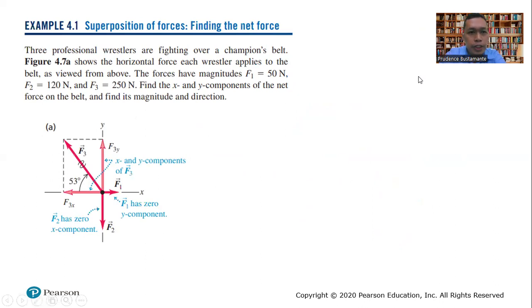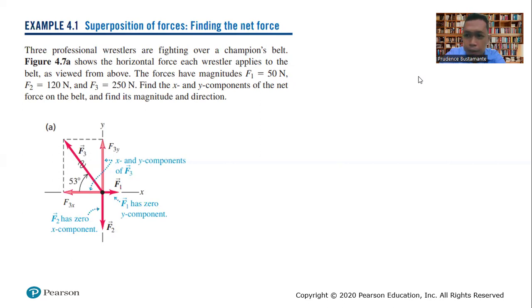So, superposition of forces, finding the net force. Tulo ka professional wrestler are fighting over a champion's belt. Ang direction nila, kung tan-awon nimo gikan sa taas, makita nimo sa figure 4.7.